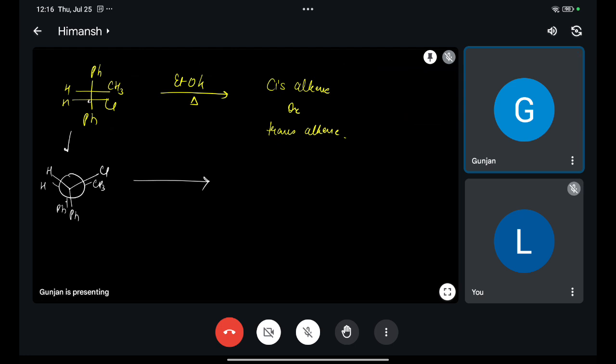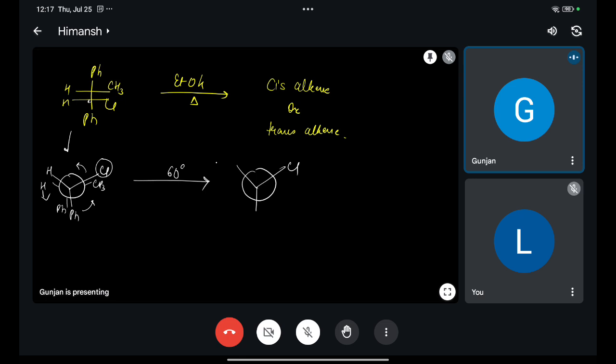We want this Cl and the leaving hydrogen to be opposite to each other, so I am rotating the molecule by 60 degrees.